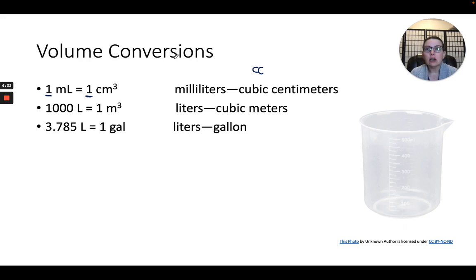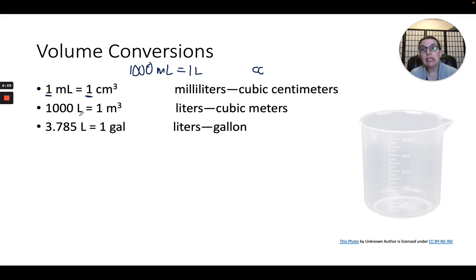A liter, and by the way, there's 1,000 milliliters in 1 liter. That one's worth memorizing, even though you could figure that out with King Henry died by drinking chocolate milk. 1,000 milliliters is 1 liter. So a liter is about the size of a hydro flask or a water bottle. It's about the average volume of that.